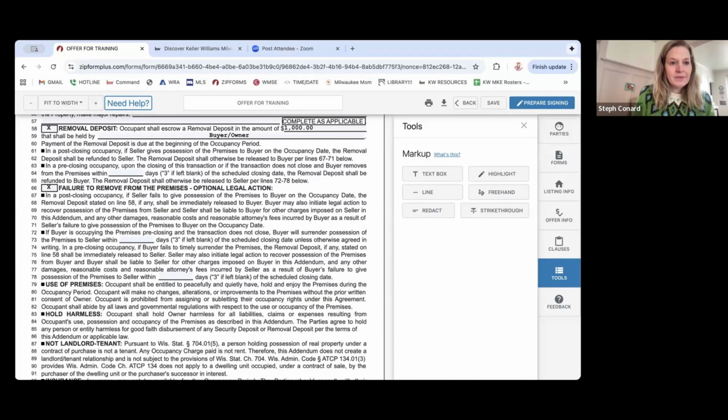Awesome. Okay. Then we're going to get to the addendum R, which is used in the case of multifamilies.